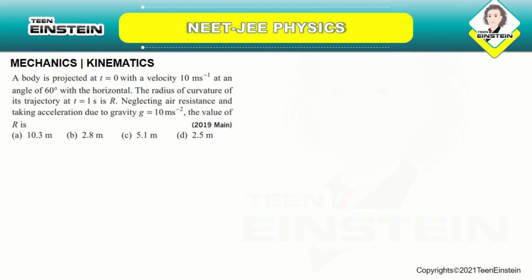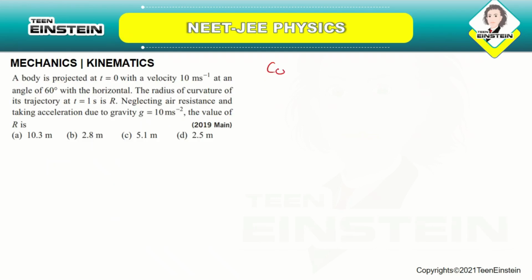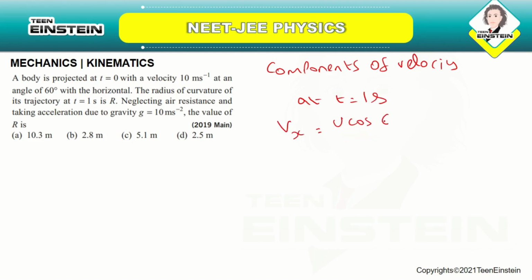So here the components of velocity at t is equal to 1 second are, Vx is equal to u cos 60 degree, which is equal to 5 meter per second.